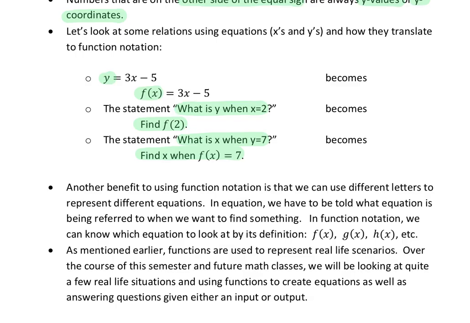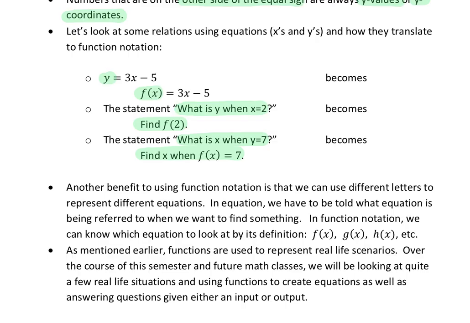And so when we say what is x when y is 7, basically what we do is we take our 7 and we plug it in for y. Similarly, in function notation, find x when f of x equals 7, we're going to take our 7 and plug it in for f of x. So notice that we are doing the exact same thing that we've always been doing.